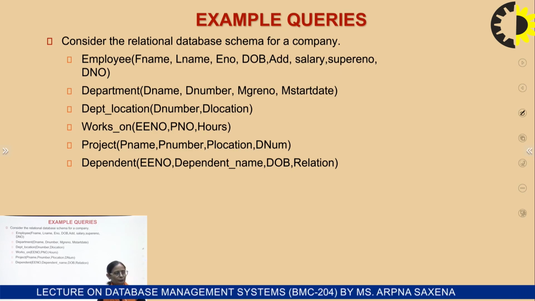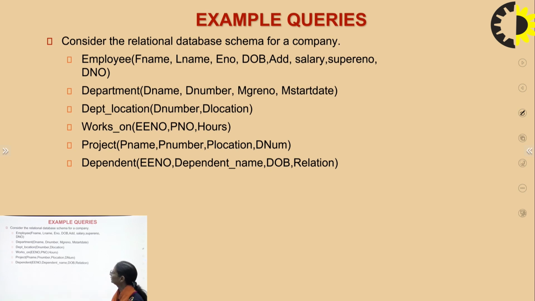So these are a few example queries. We will look at certain few examples so as to understand the concept. Here I have a relational database schema, and in this schema I have these tables, these relations: employee, department, department location, works on, project and dependent.